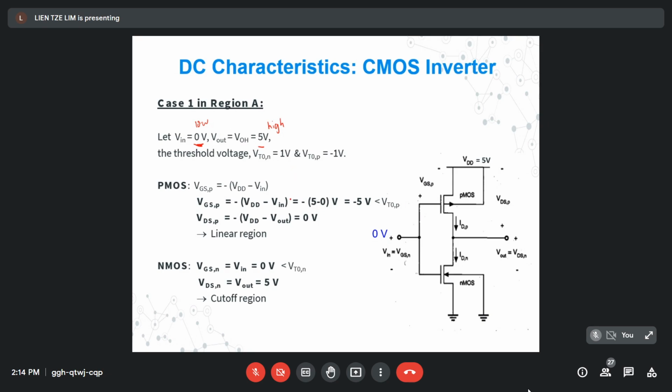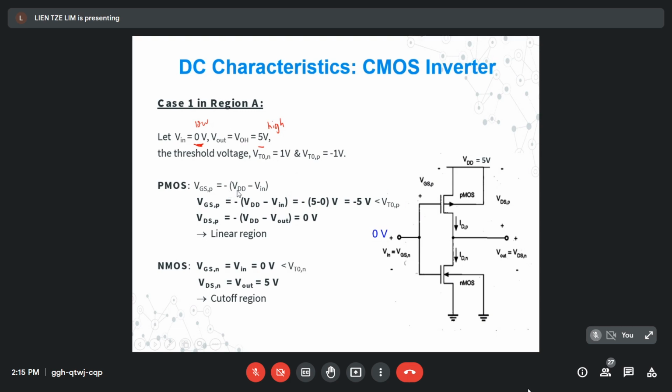Here there are a few calculations to show the VGS and VDS values for PMOS and NMOS, and also to show their operation mode. If we want to calculate the VGSP, we need to use back the formula here.